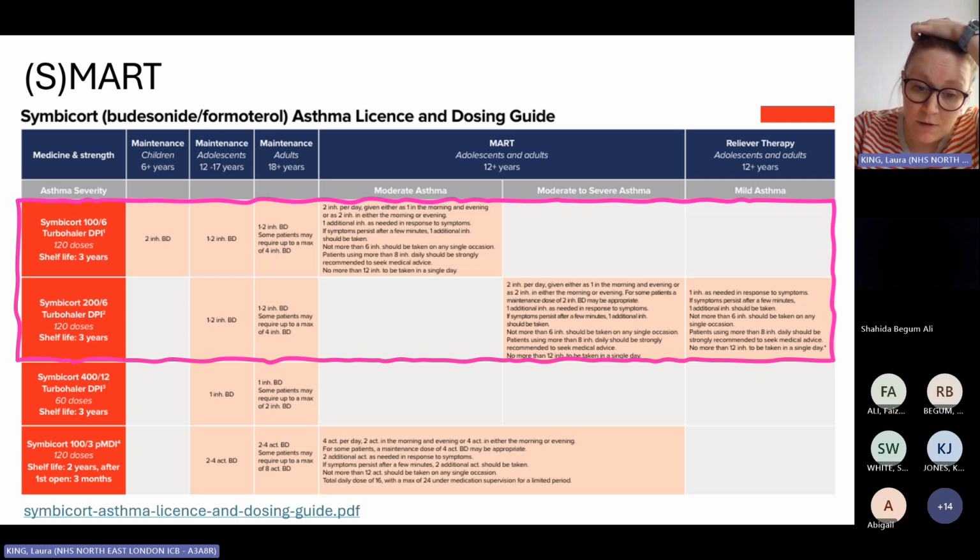And the absolute maximum is 12. So in the event of an attack, you can take more, but we would obviously be saying absolutely seek emergency advice. And the dosages are the same for both. In terms of your reliever doses, it's 6 for both.